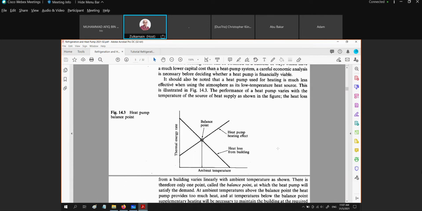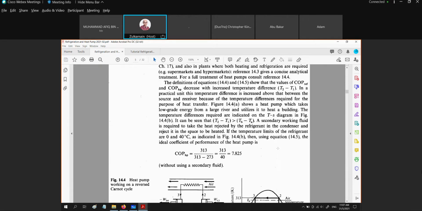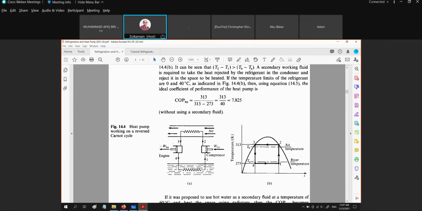Then next we look into the real condition of this TH and also the environment temperature. This I mentioned yesterday.